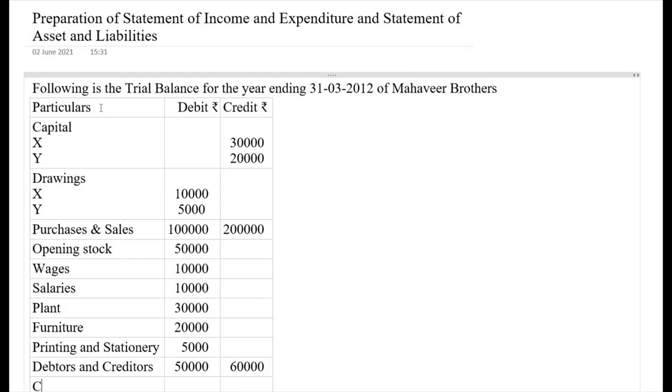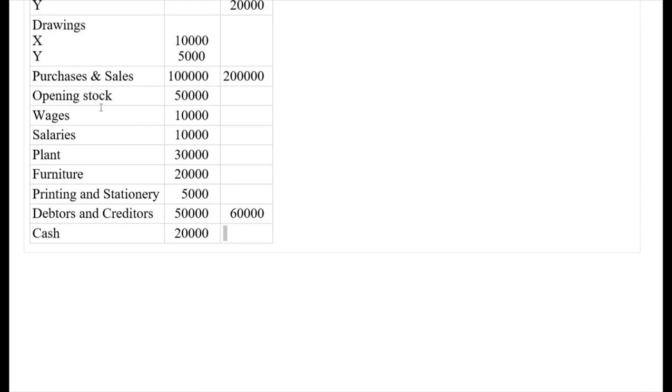Then we have got cash rupees 20,000. Then the total of this trial balance is 3,10,000.